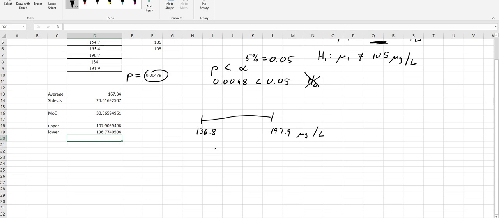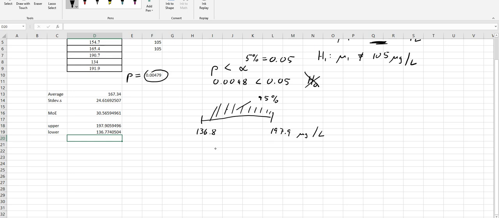So we are confident that the population mean lies in this 95% confidence interval.